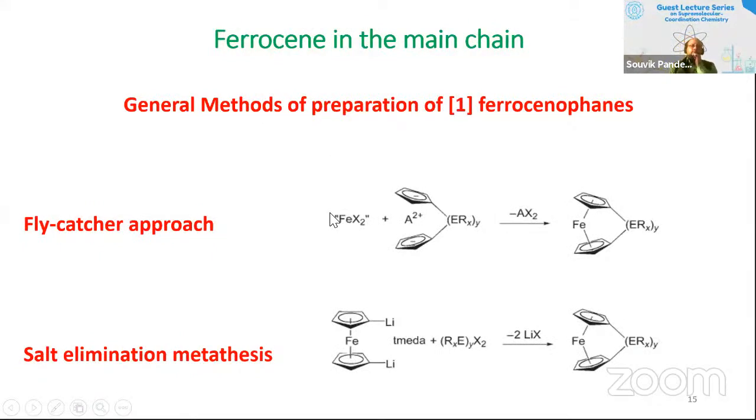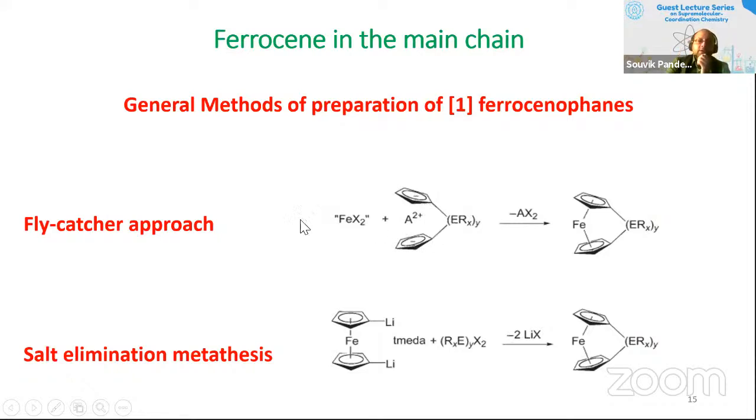So for ring opening polymerization to obtain the ferrocenophane, we have different kinds of processes. One is called the flycatcher approach, and one is salt elimination metathesis. I think you would like to see that, like we catch the fly, the fly is an E2+ with two rings, and we just catch it.